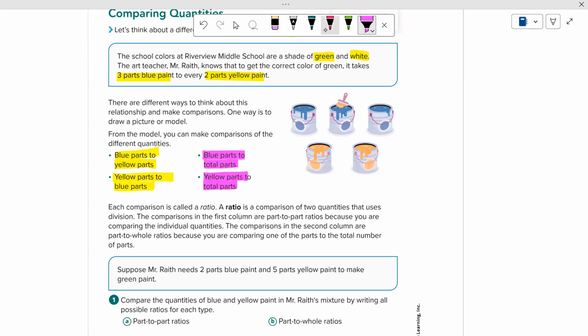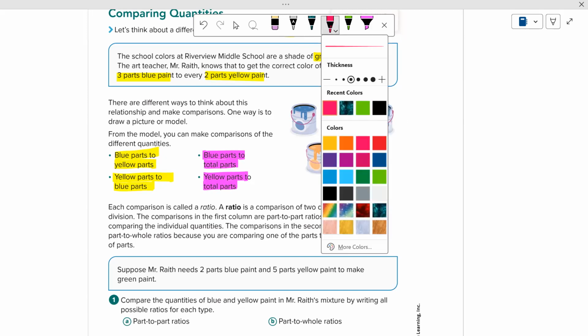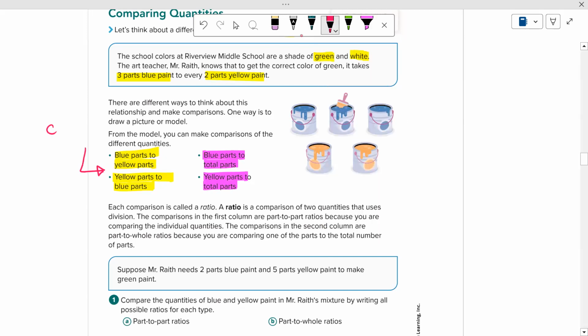So we notice some key differences between the highlighted yellow and highlighted purple. In the highlighted yellow, notice it's only comparing parts to parts. In the highlighted purple, it's only comparing parts to whole.